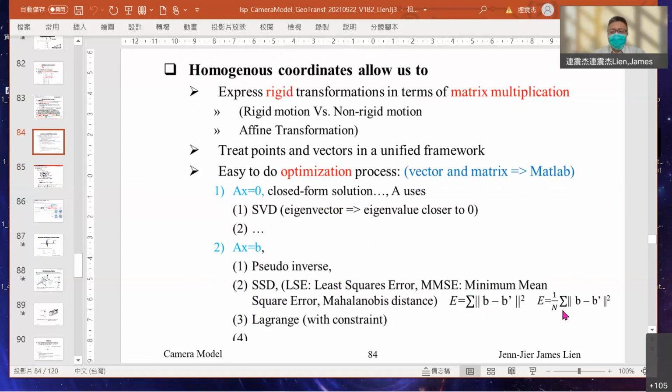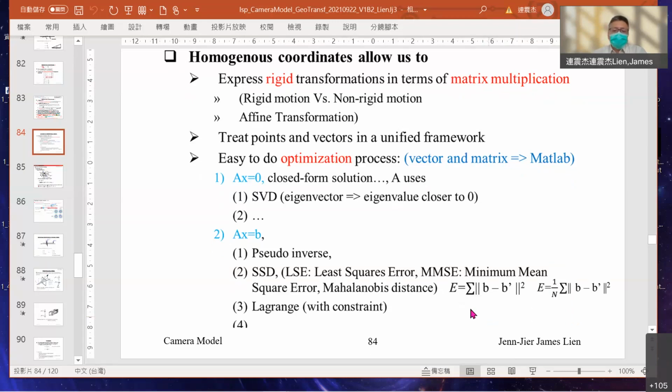And in deep learning, we take an average over the batch size, for example 1000 data points, 100 per batch. Right now deep learning uses this or cross entropy.